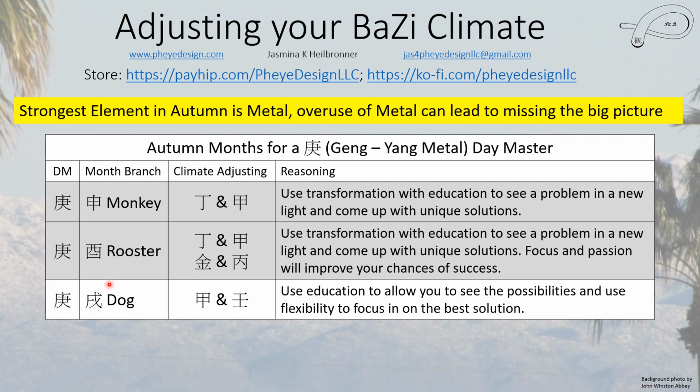And for the gung metal, born in the month of the dog, it's a bit unusual, but you need education to allow you to see possibilities, to allow you to see what can be done. And then you need to use flexibility to focus on the best solution. Now, this one will really help you see the big picture, because this is what is needed most of the time when metal is very strong, they miss the big picture.